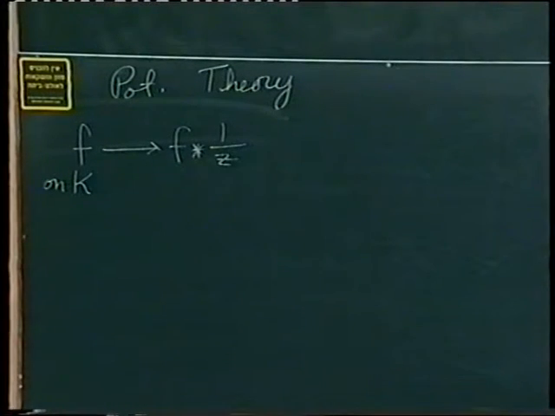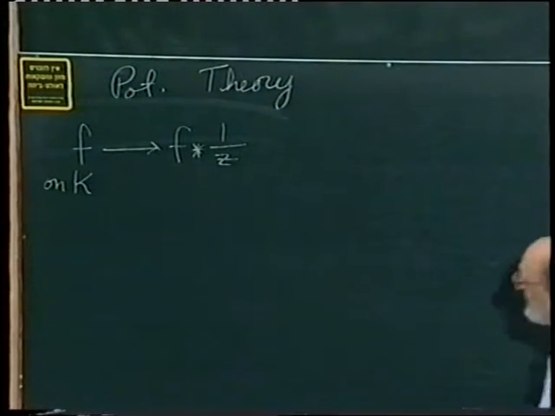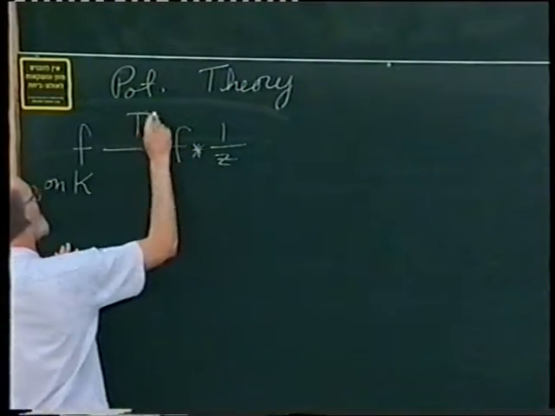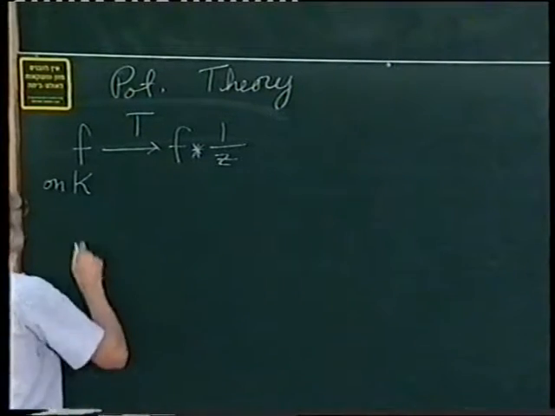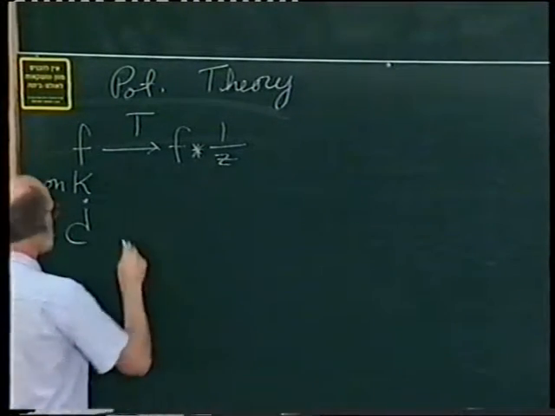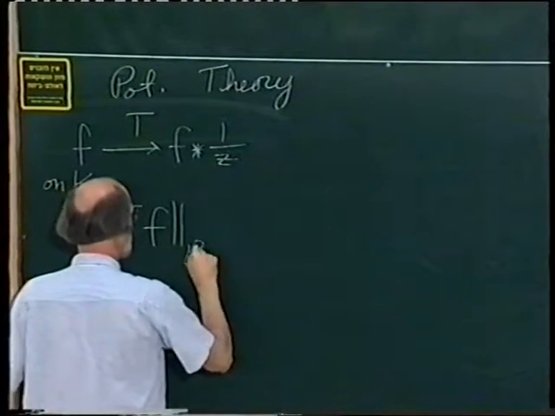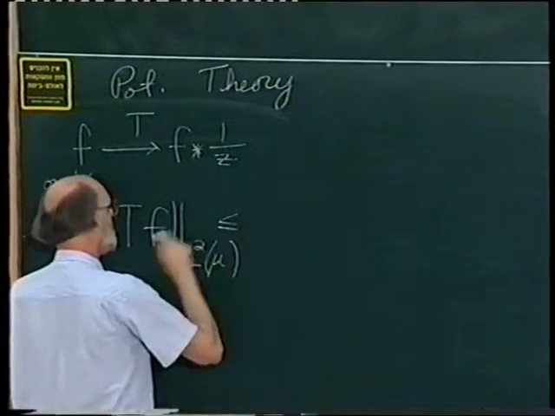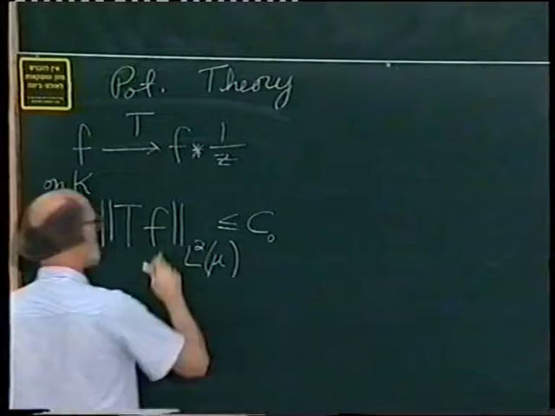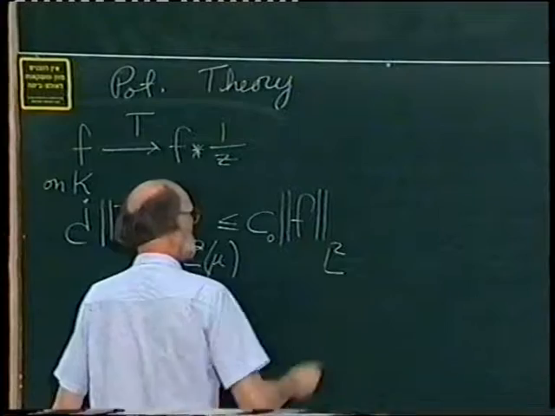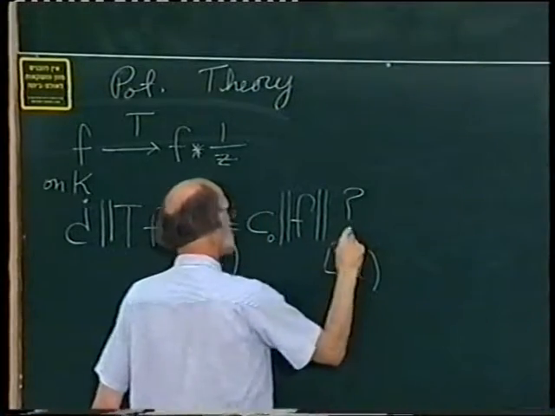There's some measure in the background that I don't wish to specify, but it might be naturally related to the geometric structure of K. And let's call this T. And then the question is something like the following. The most elementary question is you study the L2 norm for some measure, and you want to see if this is bounded, independent of the function, by the L2 norm of the function you start with.